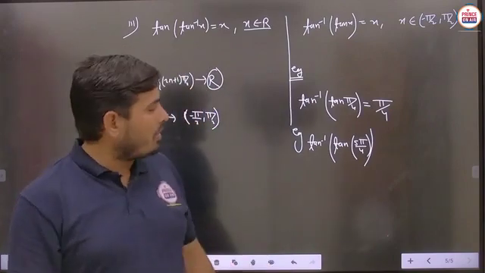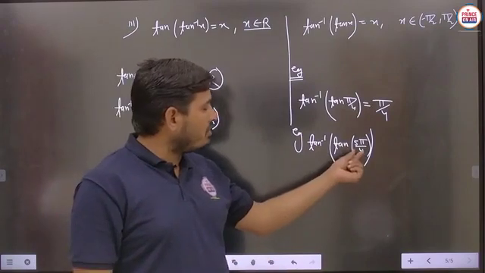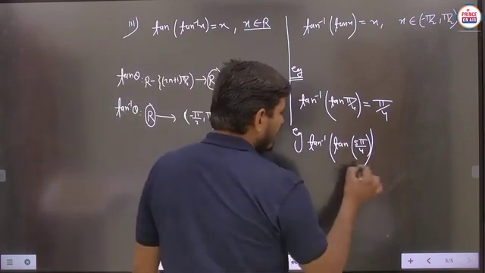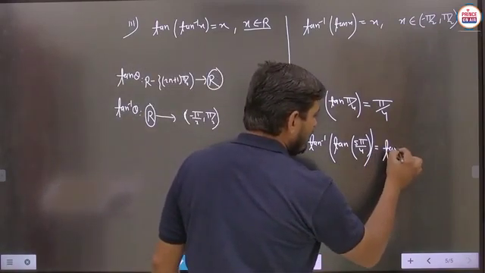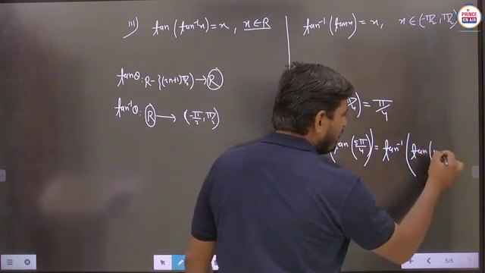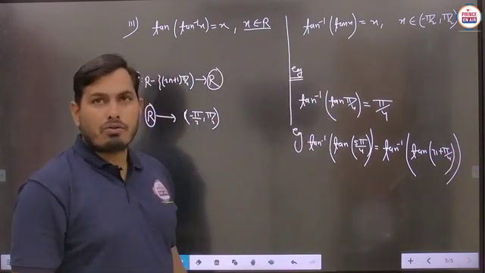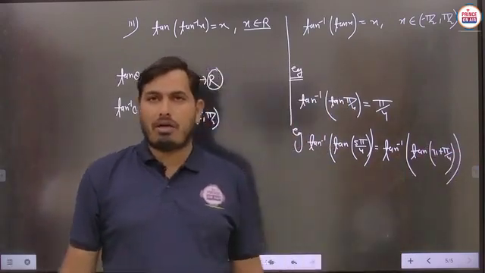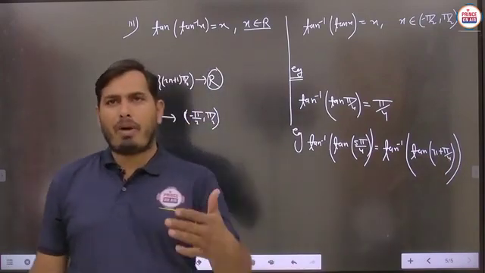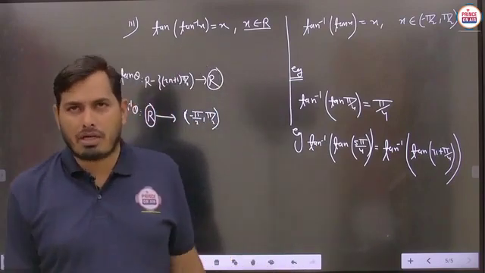So if this x does not belong to this interval, then you have to transform this x. Is it clear? And we just apply some trigonometry. Then in tan inverse, this 5π/4 can be written as π plus π/4. So π plus π/4 is again 5π/4, but see the transformation: tan of π plus theta is again tan theta.